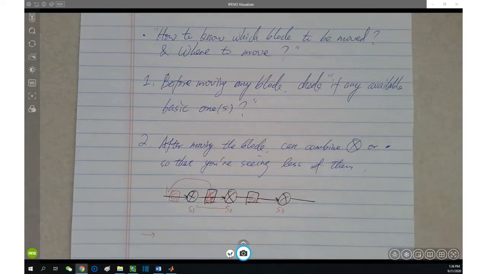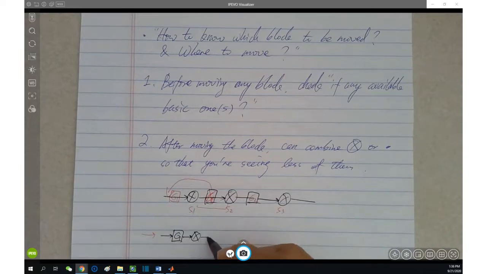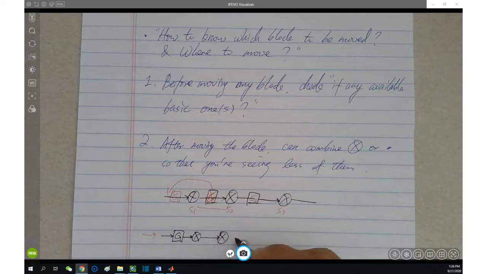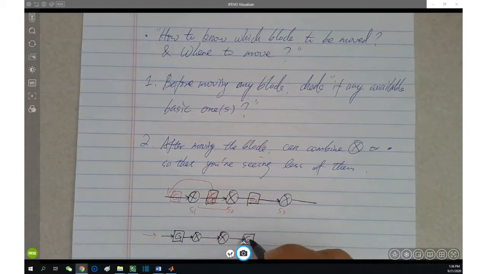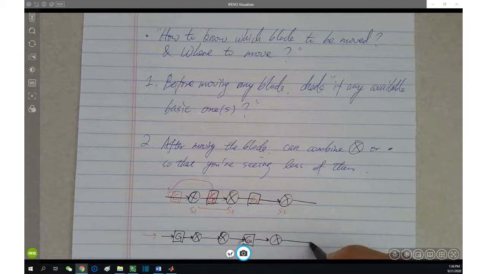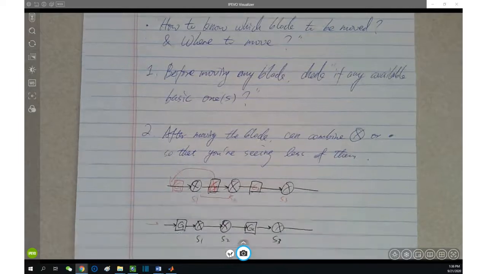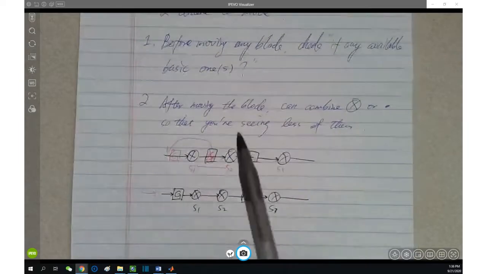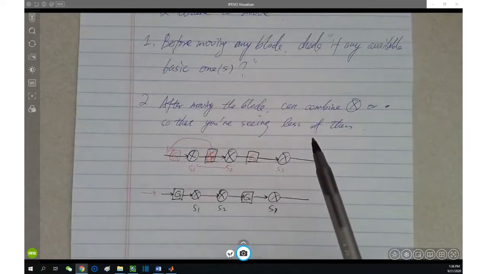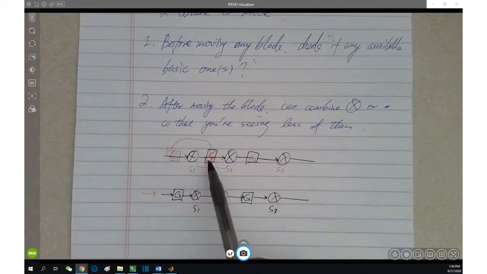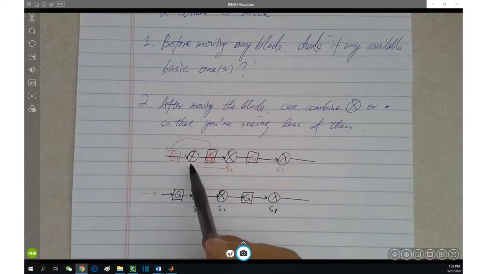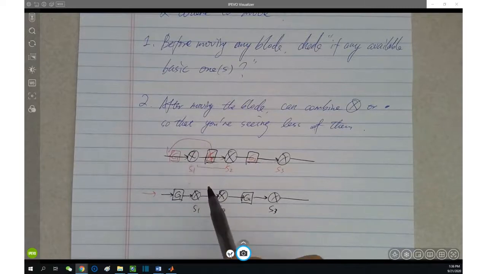Does that make sense? Of course, after moving G1 over here, you need to do something else to the rest of the inputs of S1.